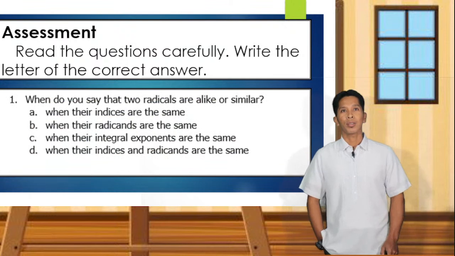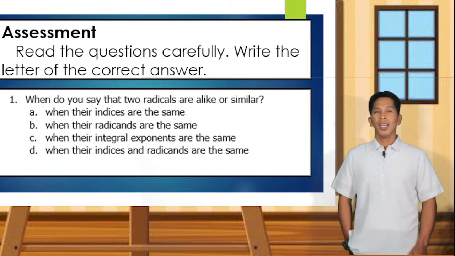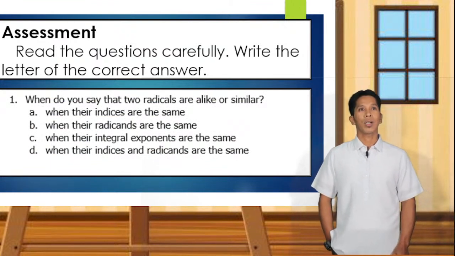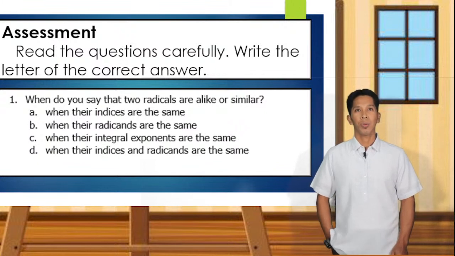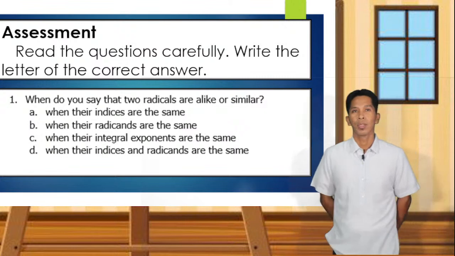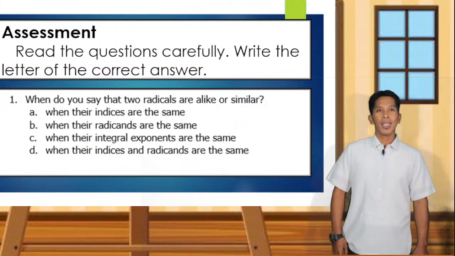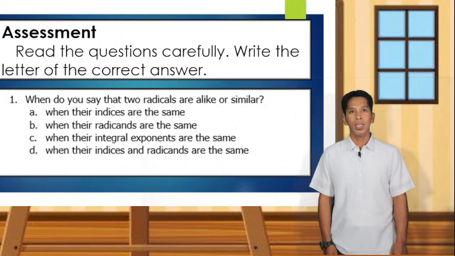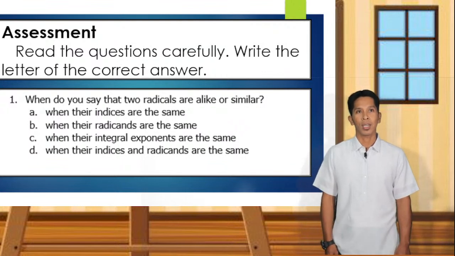So the first question, when do you say that two radicals are alike or similar? Is it A, when their indices are the same? B, when their radicands are the same. C, when their integral exponents are the same.